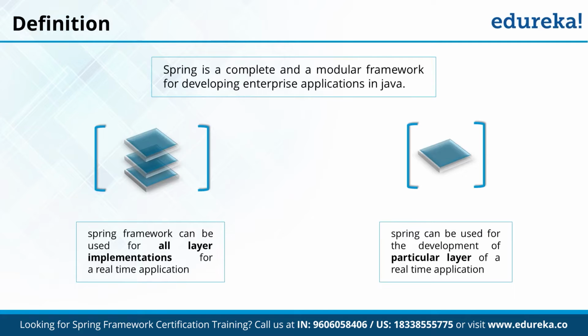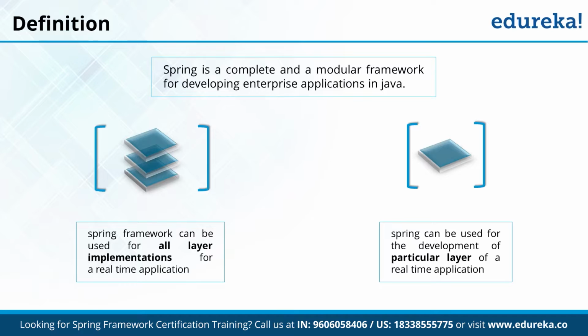Let's now understand the definition of the Spring framework. Spring is one complete and modular framework for developing enterprise applications in Java. When we talk of Spring as a framework, it's a Java framework, but it is an enterprise edition Java framework. What is meant by the term enterprise edition?